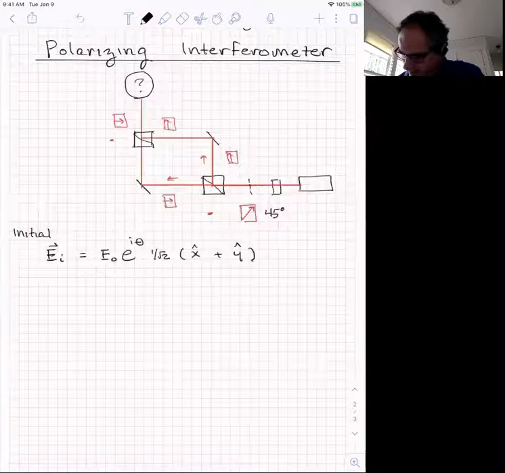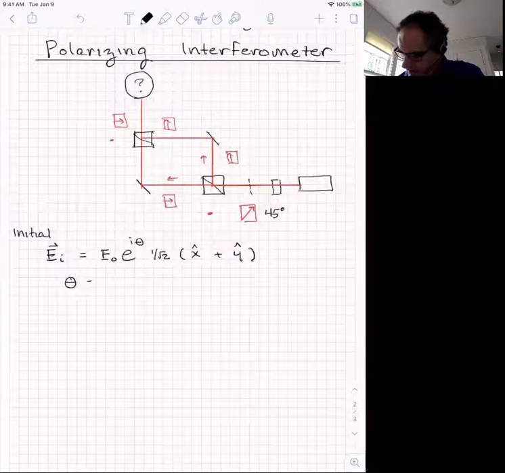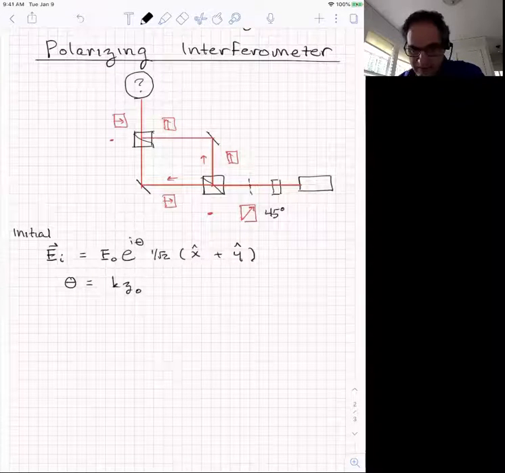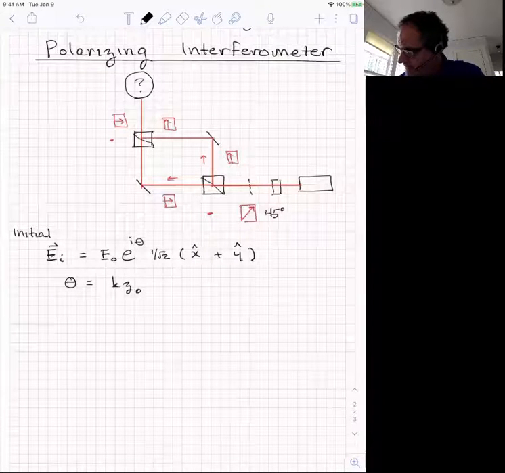And here, theta is kz0, the initial position, minus omega t.